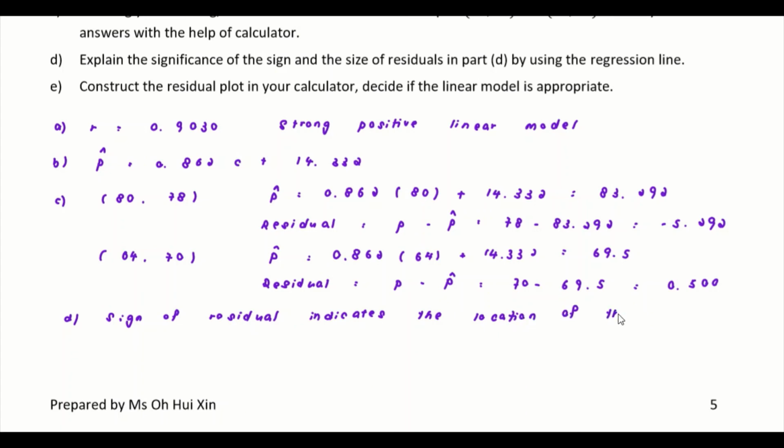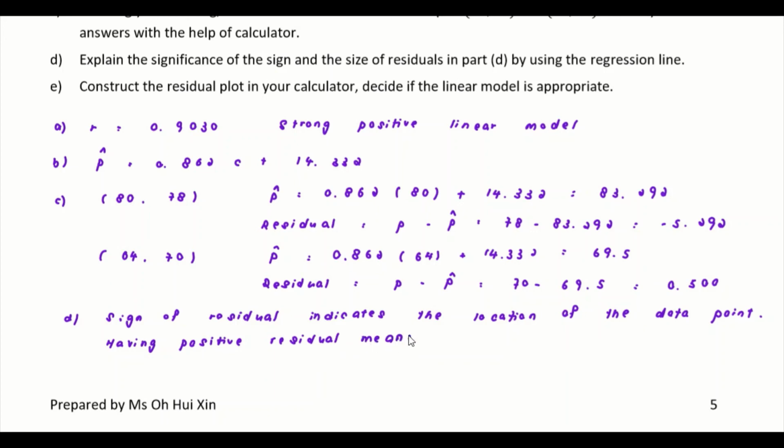You can try to explain further. Having a positive residual means the data point is above the line.